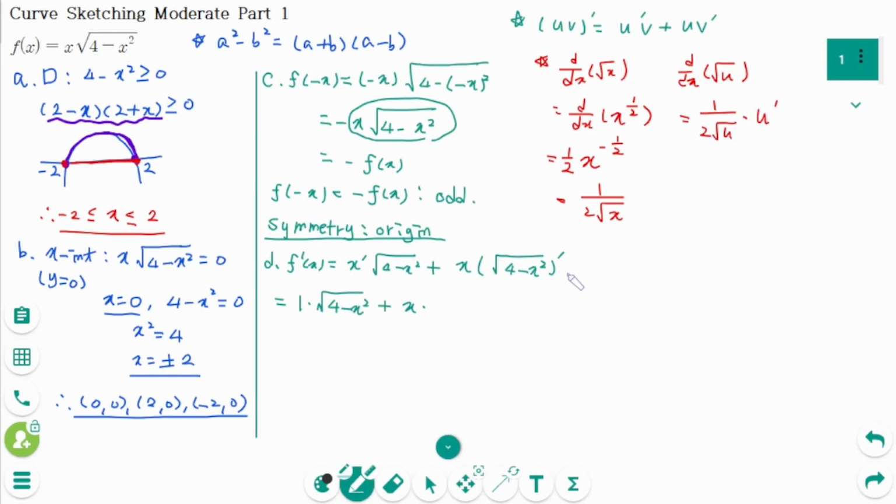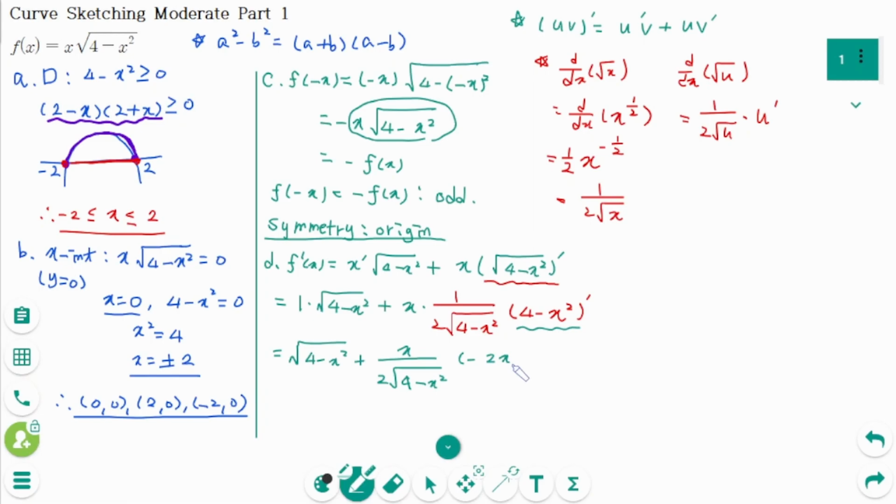times u prime. Then back to the original, this one: 1 over 2 square root of 4 minus x squared times the derivative of 4 minus x squared. That equals the square root of 4 minus x squared plus x over 2 square root of 4 minus x squared times minus 2x. Then the 2 is cancelled.